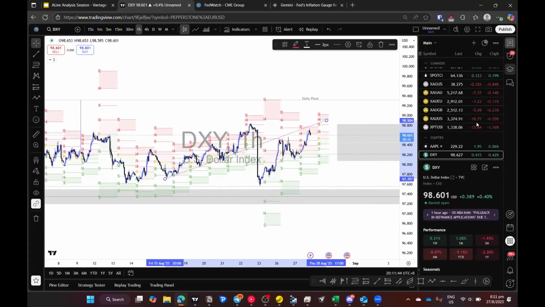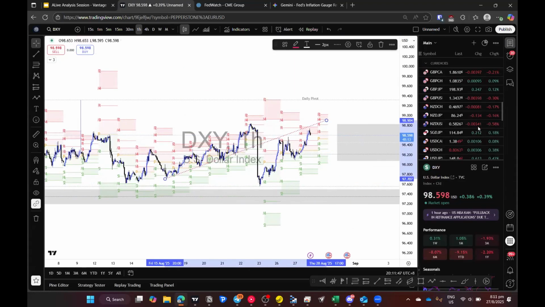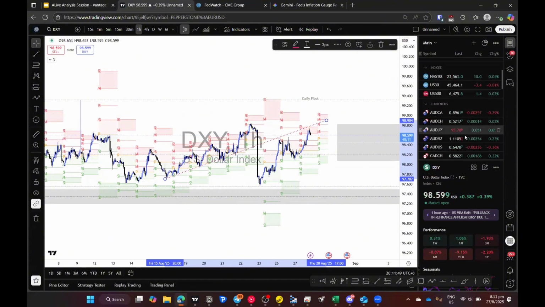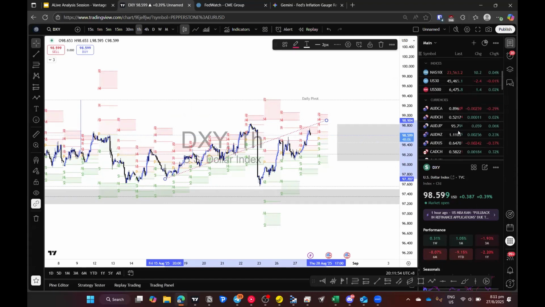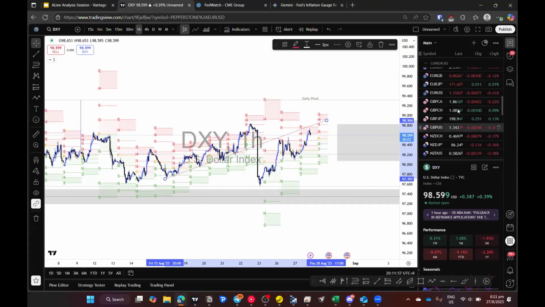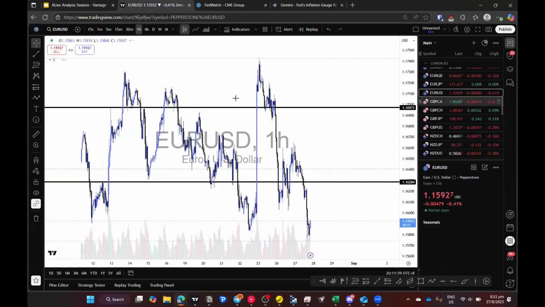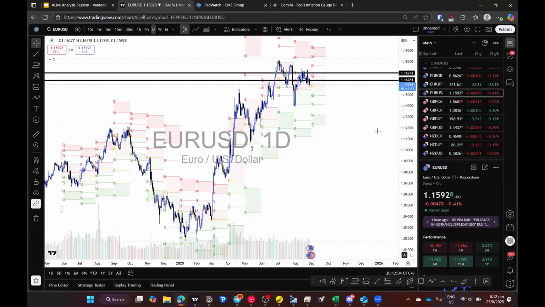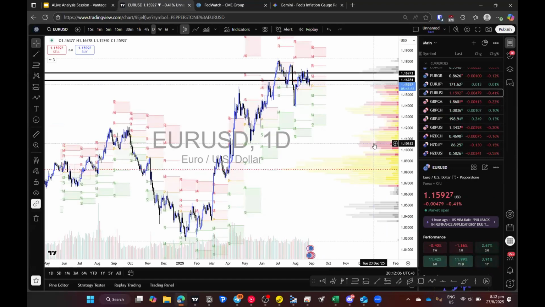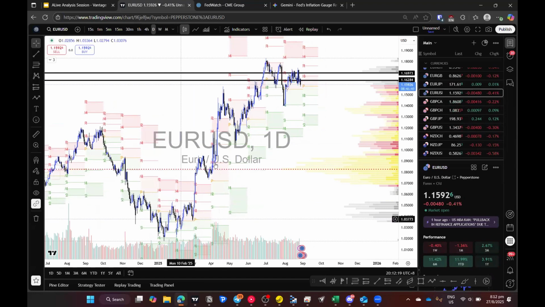Okay, so let's look at some of the other currencies that are widely traded. Let's look at euro dollar first, and then we can look at the other currencies. Euro dollar, since February, a strong push.